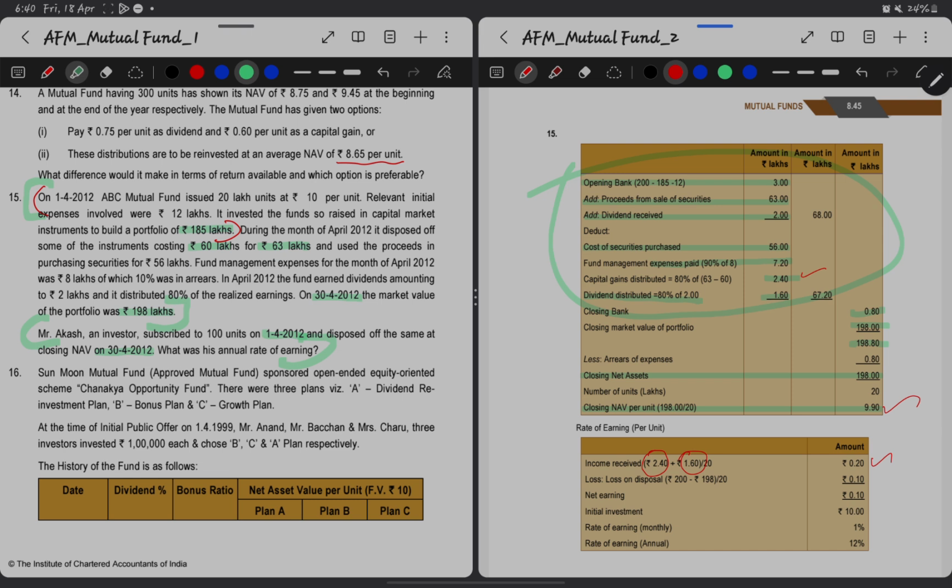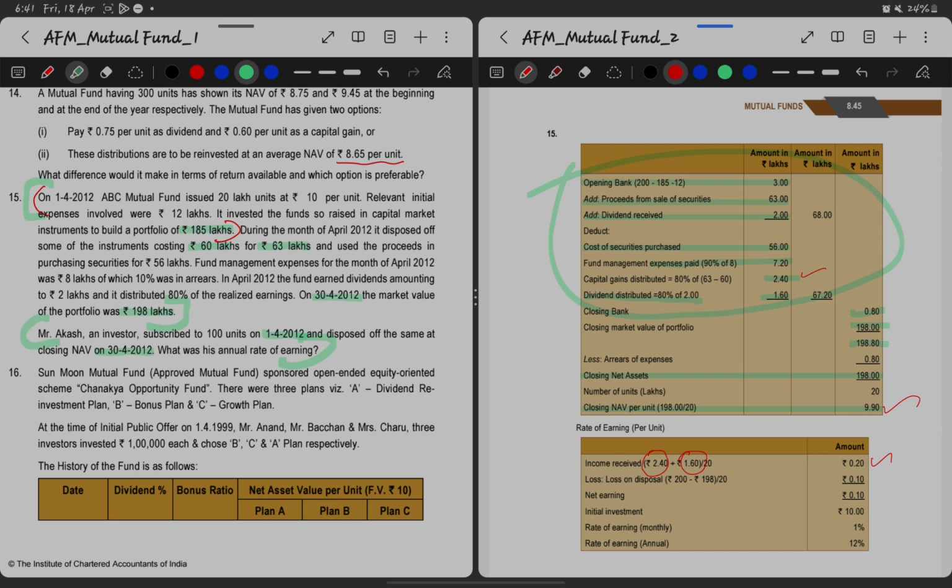Now there is some other portion which is the capital appreciation. For the investment company, it will be capital appreciation which is unrealized gain only. But in case of Akash, if you see, he has subscribed to that 100 units on 1/4/2012 and disposed of the same on 30/4/2012.